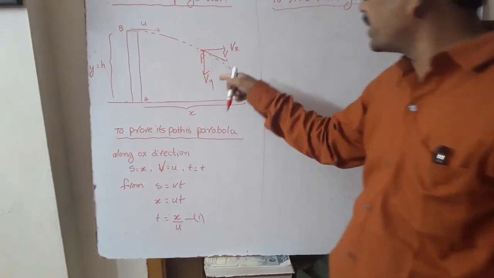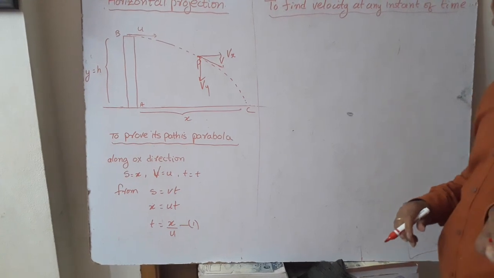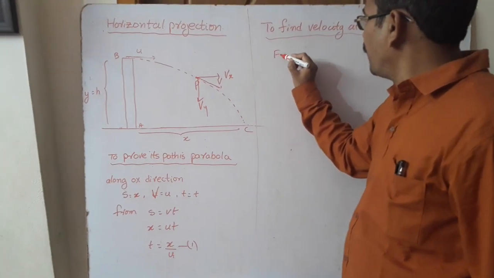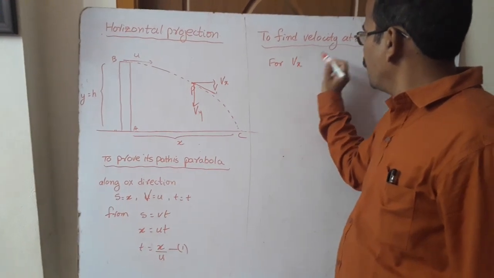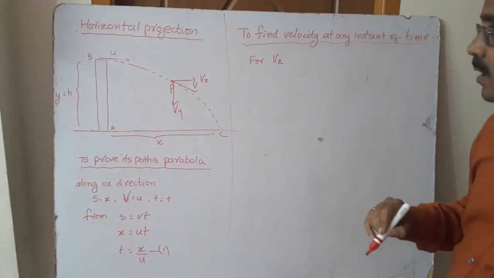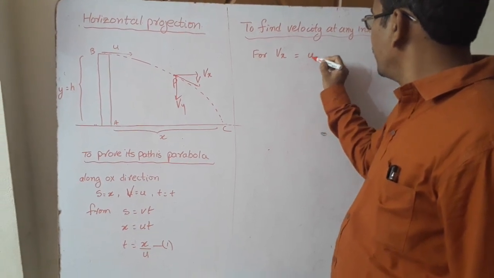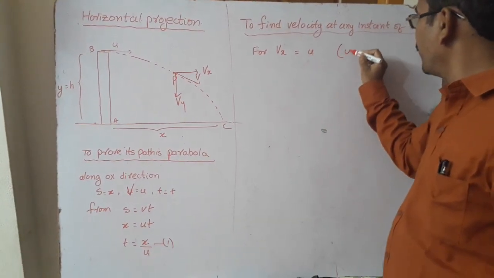If you find Vx and Vy, then only V can be determined. For Vx, we must think along horizontal direction. Along horizontal direction, Vx is equal to u, which is uniform velocity.